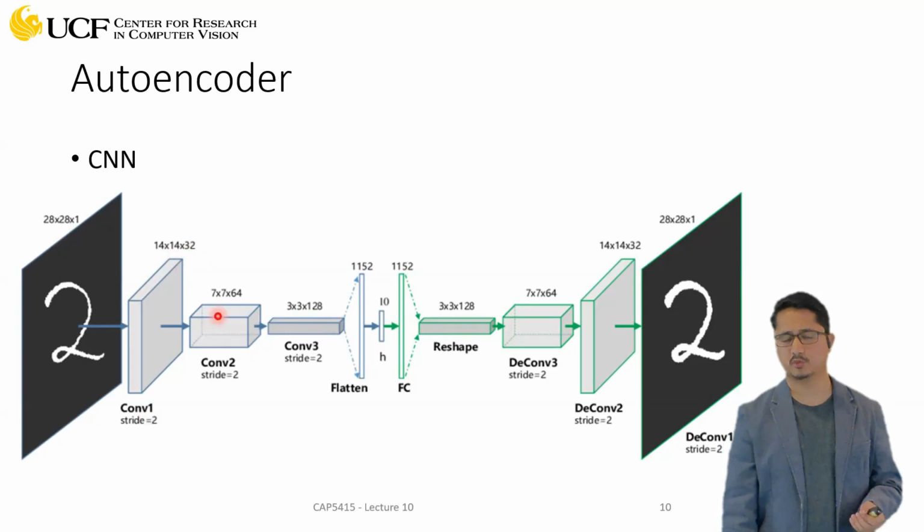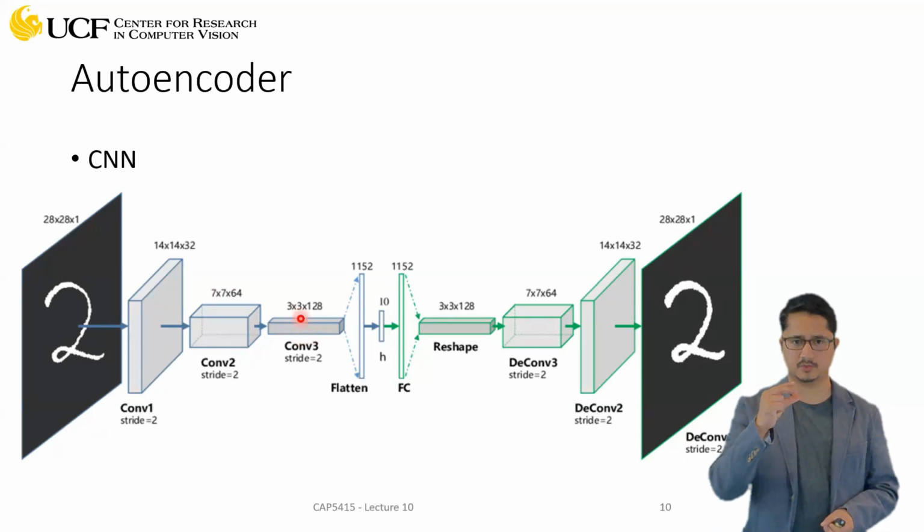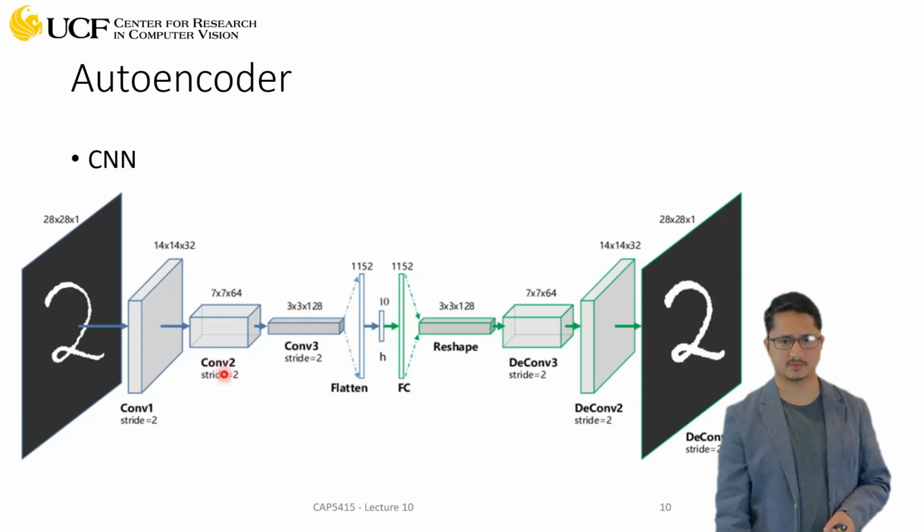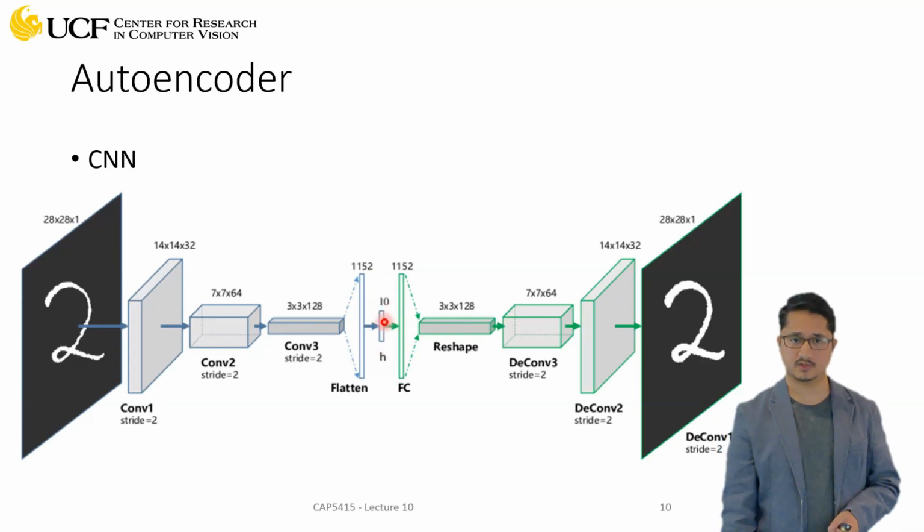Again, you have some max pooling, you have convolution, again max pooling and convolution, reducing your activation maps. And then you can flatten it. You did that in your first assignment, so you should know all of this. And then you can have more fully connected layers, which will give you this latent code, which has just 10 different values.